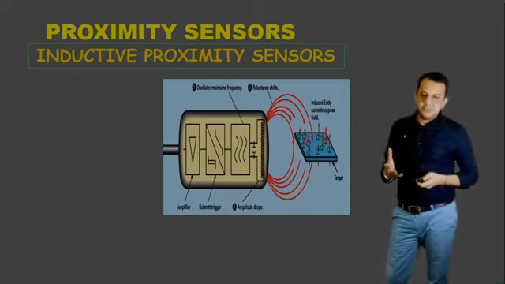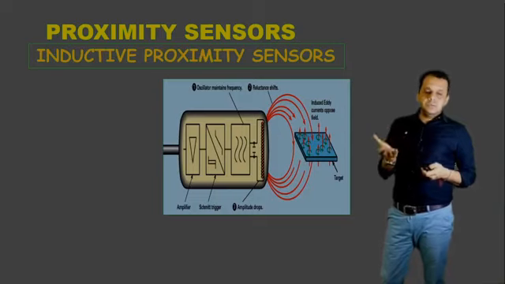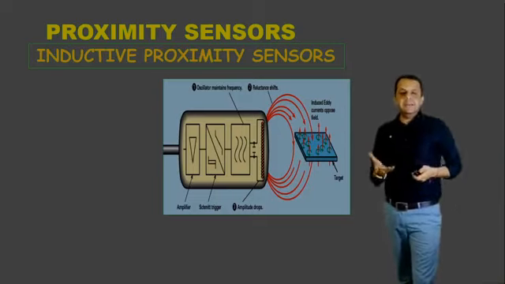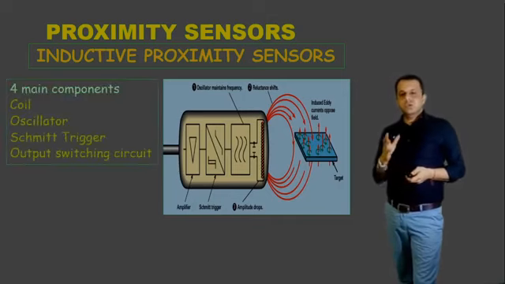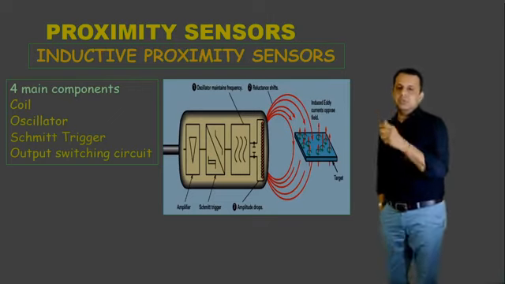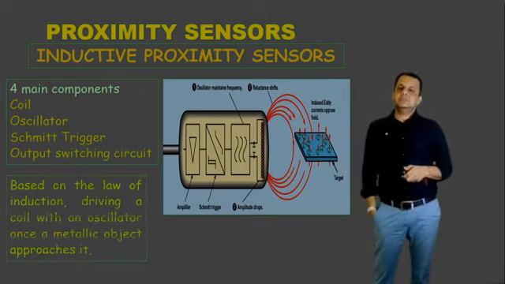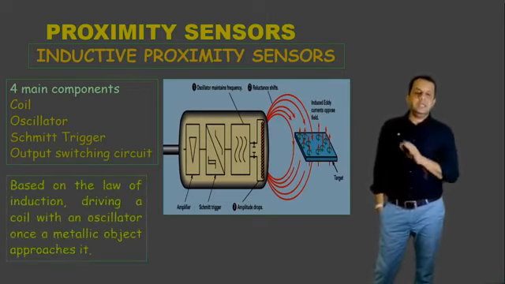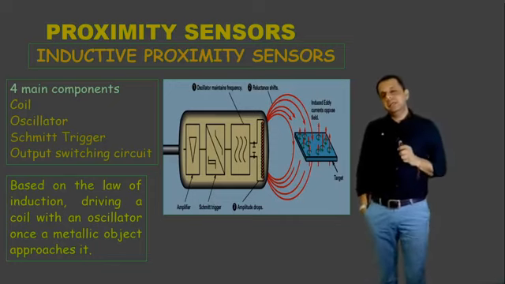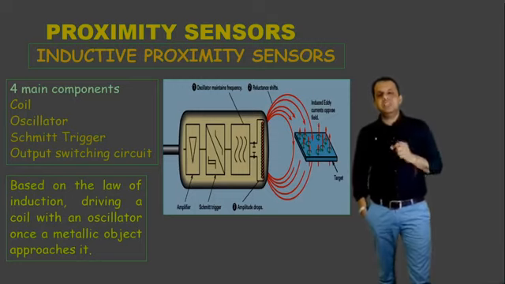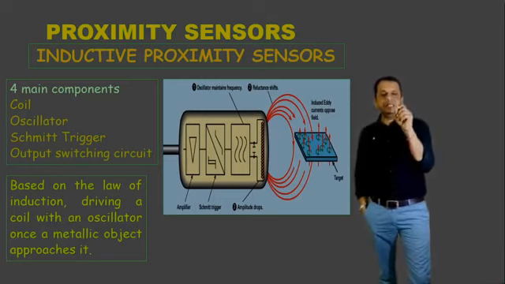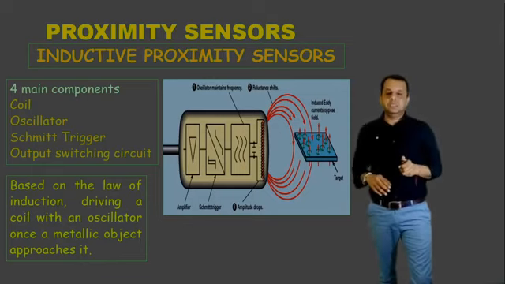So once again here is the Schmitt trigger, then the sensor face with the field and amplifier. So coil, oscillator, Schmitt trigger and the output switching circuit will be given within the sensor. And as I said, it is based on the law of induction, where the coil with an oscillator will be detecting the presence of the metallic object.